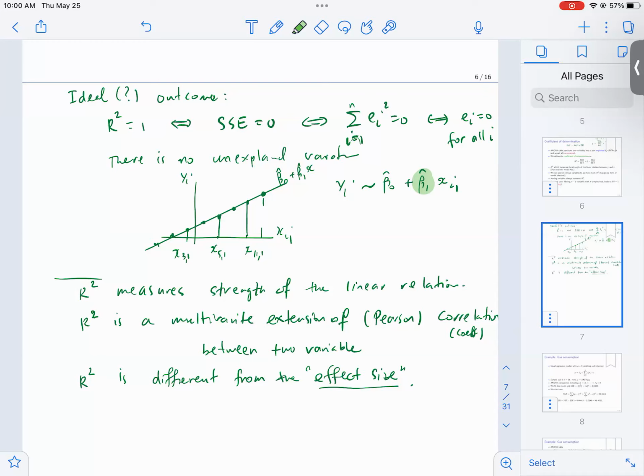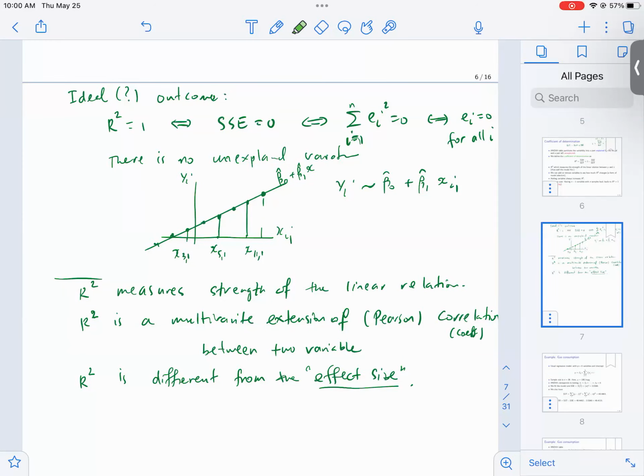If you don't have enough statistical training, when you fit a regression model and you see a big beta hat, you say, oh, there is a significant relation maybe.